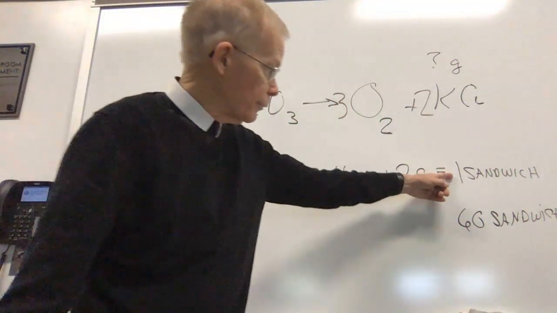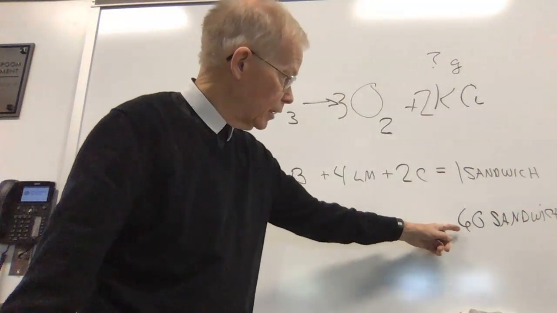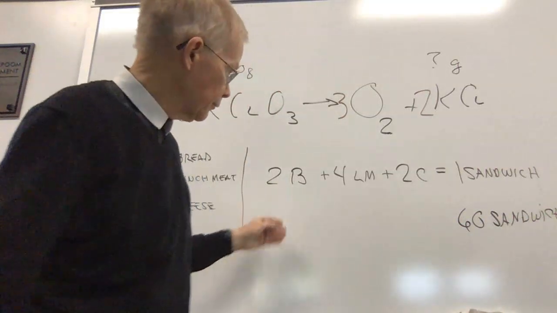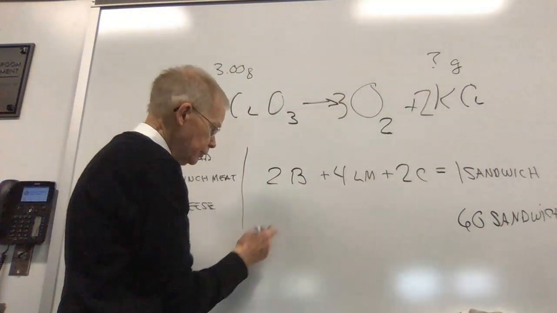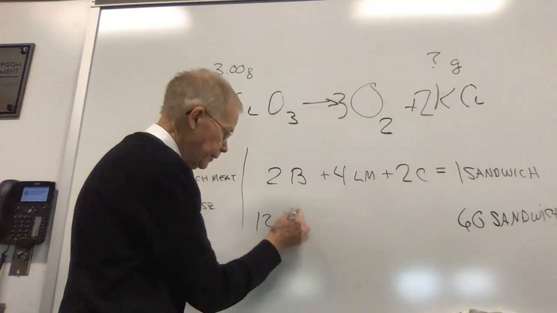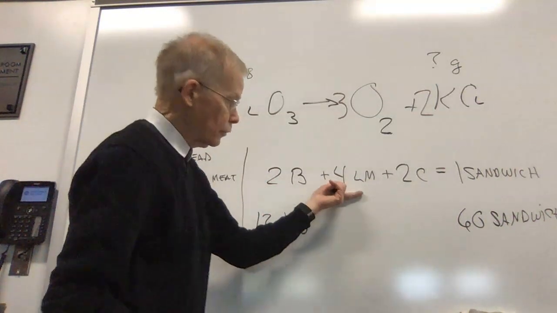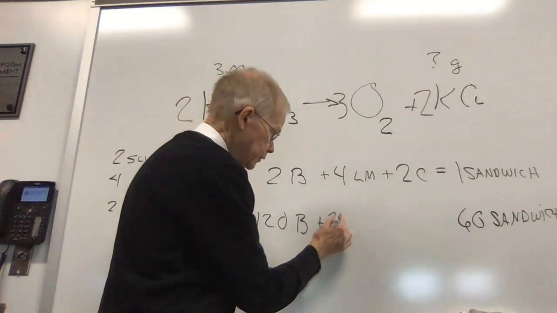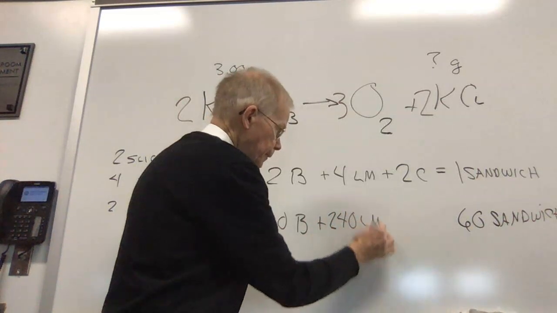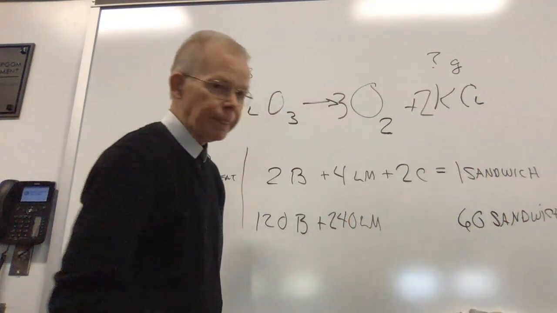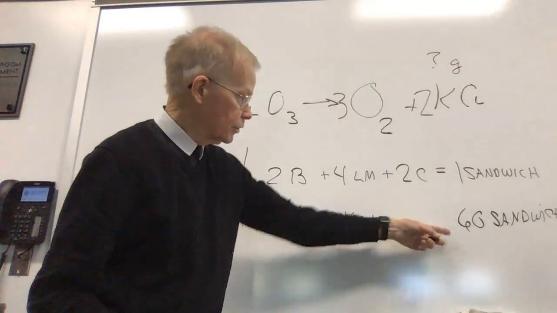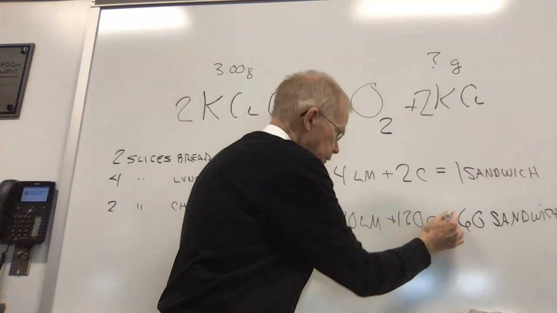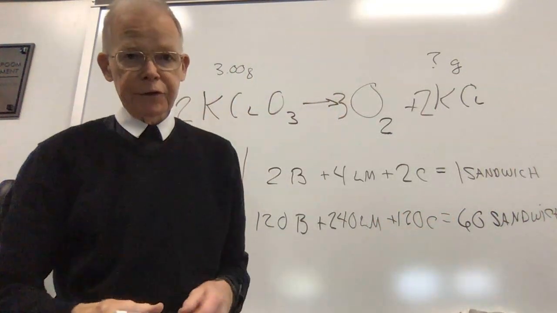Well, if I compare these two, this is 1, this is 60, I'm going to need 60 times everything that I have for my ingredients. So 60 times 2 would be 120 slices of bread. For the lunch meat, I have 4 times 60, or 240 slices of lunch meat, LM. And finally, 2 times 60, or 120 slices of cheese. That will give me my 60 sandwiches.